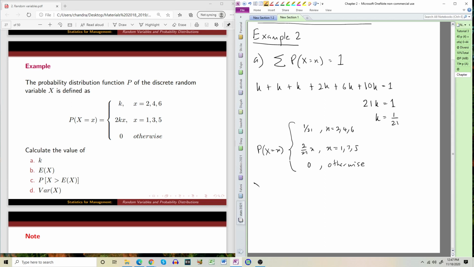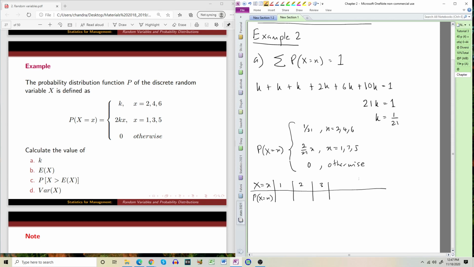If I write in table now, start from 1, 2, 3, 4, 5, 6.